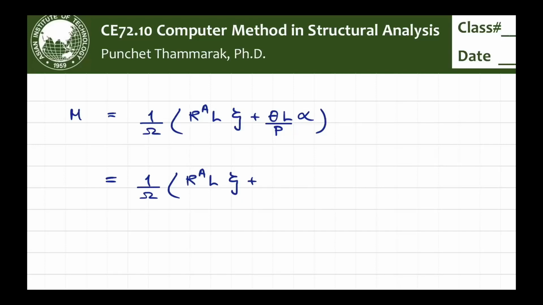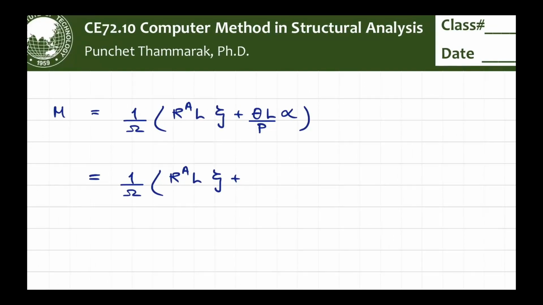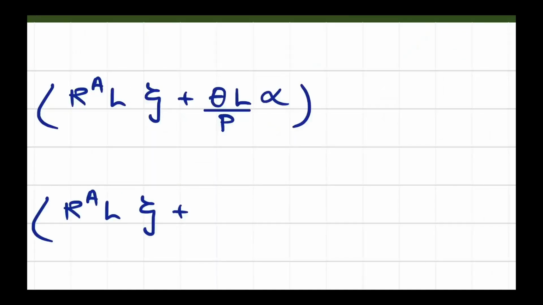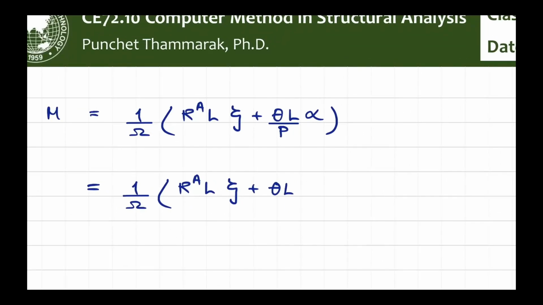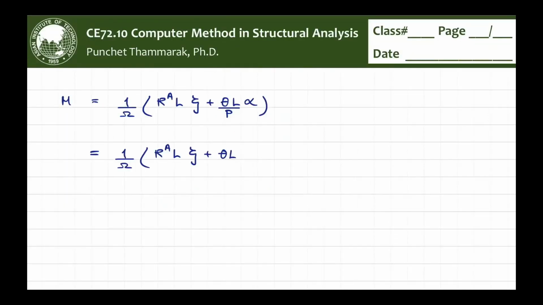And then for the theta term, theta times L over P. P is K squared EI, right? Theta over P. Oh, no, P has to be up.